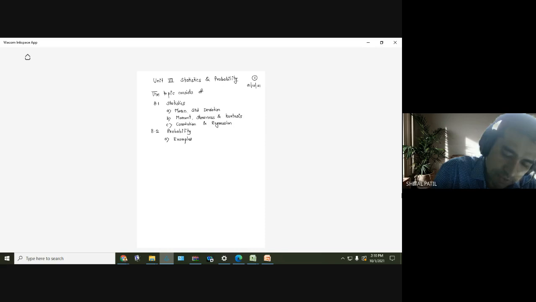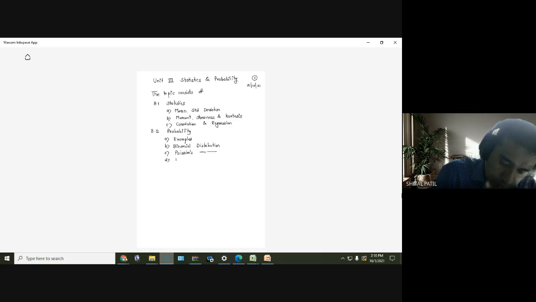examples. Examples on probability, the concept of probability that is already known to you. Then next is binomial distribution. Next is Poisson's distribution.